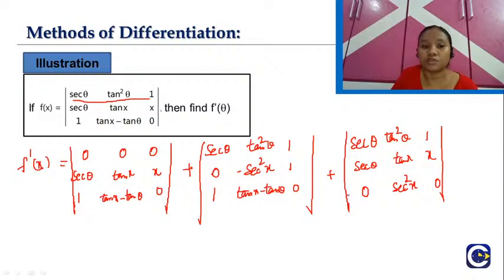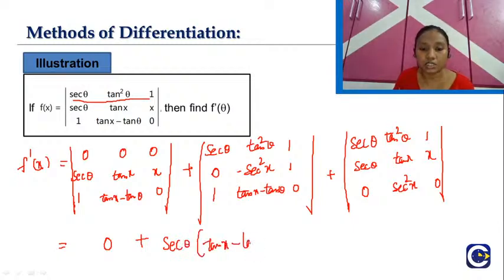Now you have to simply do your determinant. For this determinant, here all are 0, so this determinant will be anyway 0. But here you have to find it. If we take secant theta, this term will be 0, but here we'll be left with secant theta into tan x minus tan theta, isn't it? For tan x, this will be 0, and so minus tan square theta.